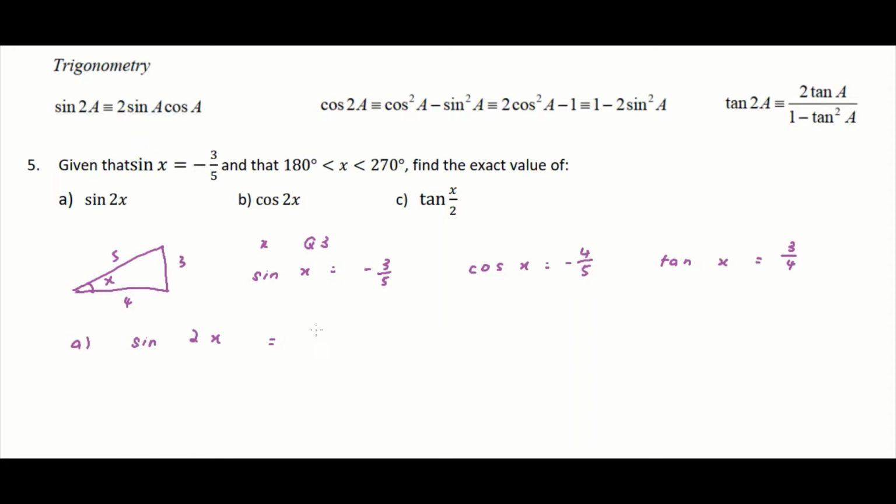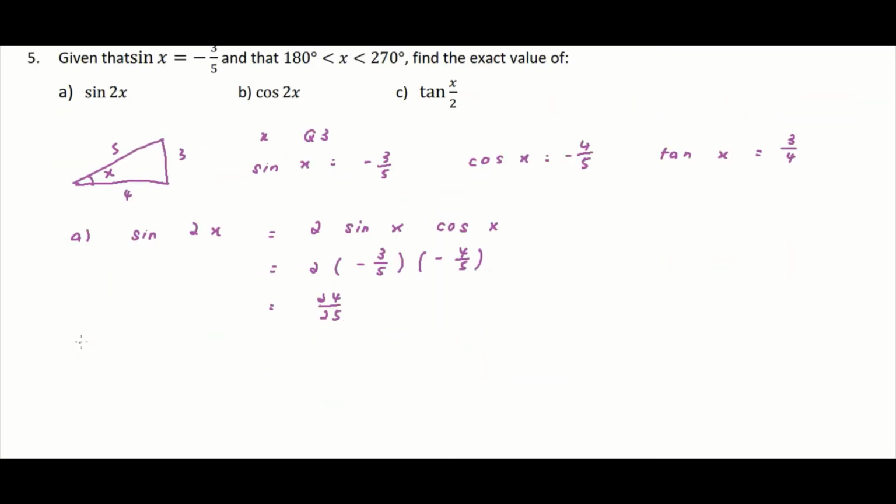So sine 2x is equals to 2 sine x cos x. Okay, then now you can just substitute. So 2 times sine x, negative 3 over 5, cos x, negative 4 over 5. So by using calculator, you can get 24 over 25. Okay, move on to B.